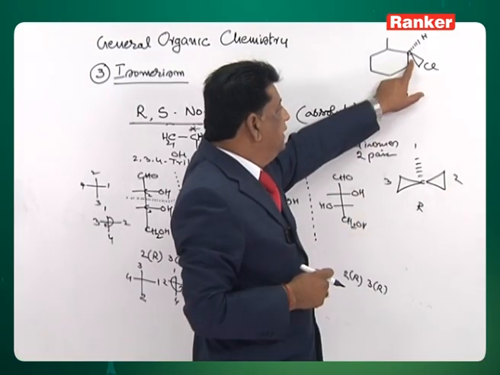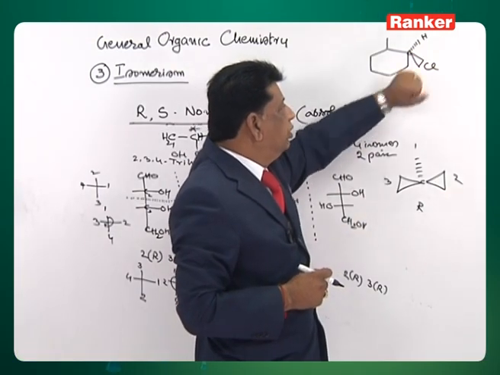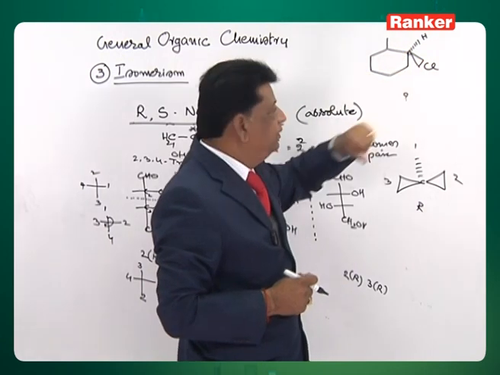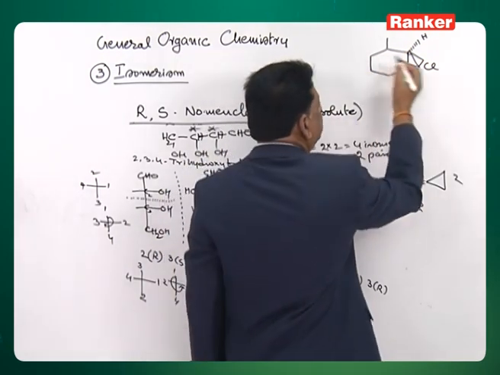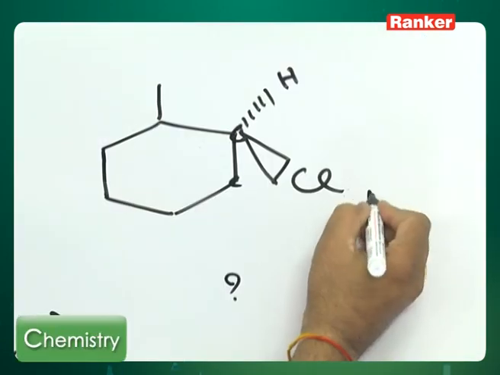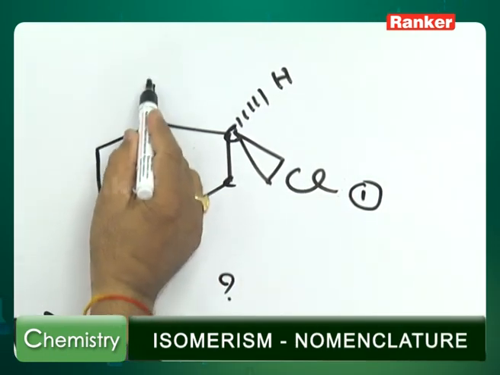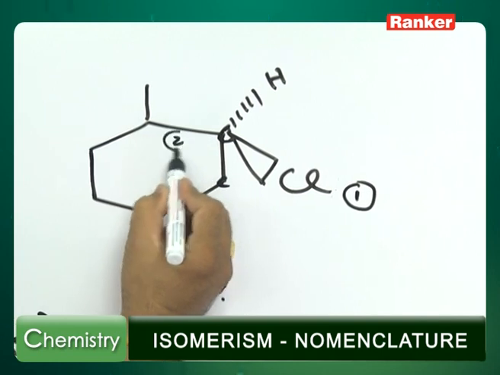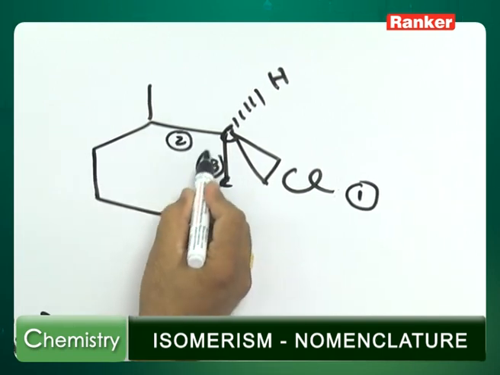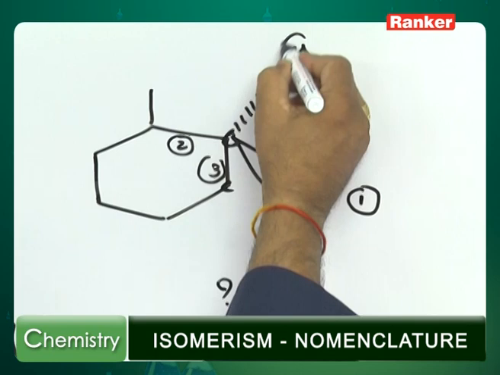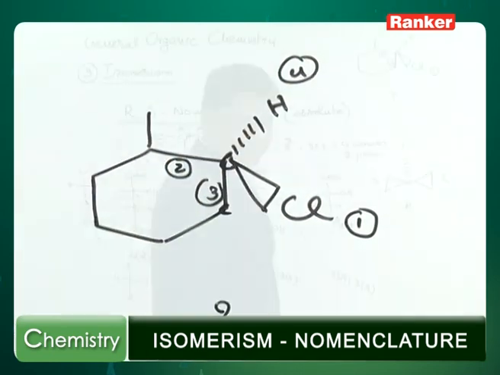Hydrogen will become the fourth group. So what are the 1, 2, 3 groups? The chlorine happens to be the first group. Carbon with carbon, carbon with two carbons: this is the second group, this is the third group, and this is the fourth group.